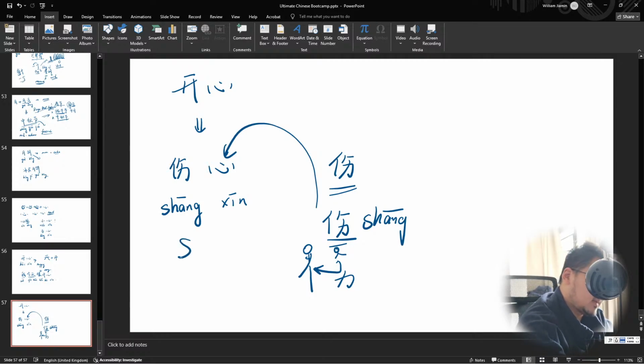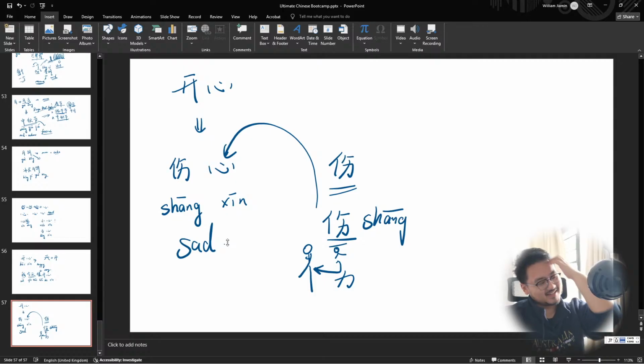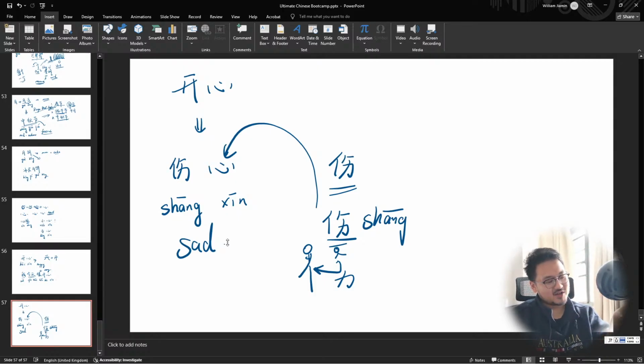So 伤心 means sad. I think there's a lot of interesting connection between 开心 and 伤心. 伤心 means you hurt the heart, you are sad, okay? 伤害心脏, 伤害你的心. So it's really sad. For example, 我听到这个消息我非常伤心.